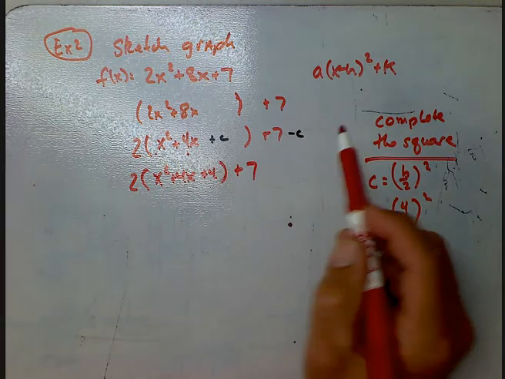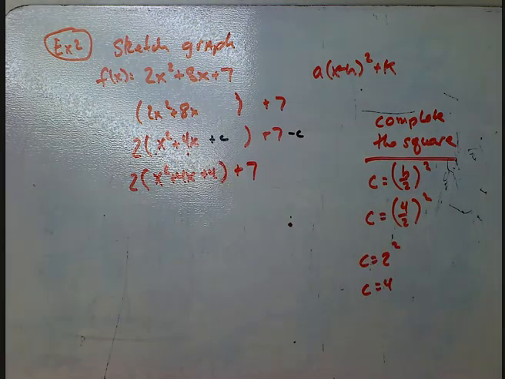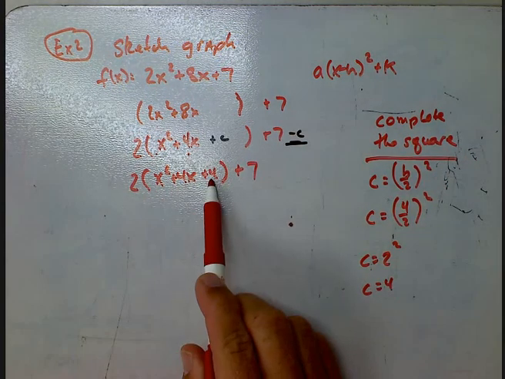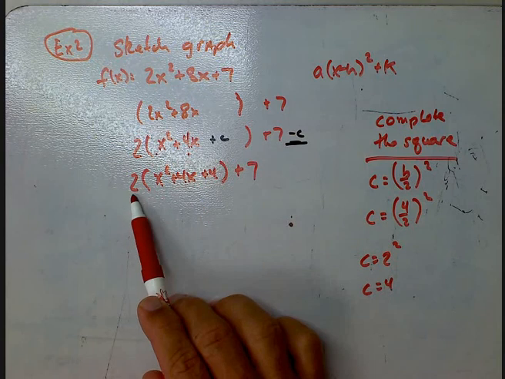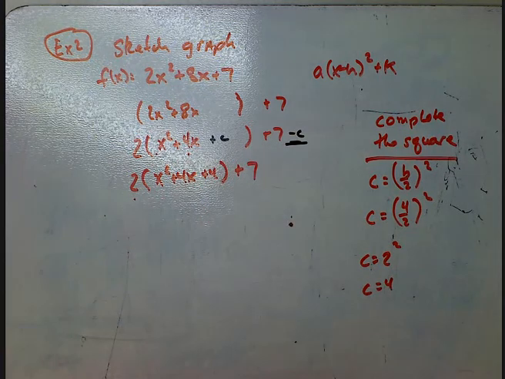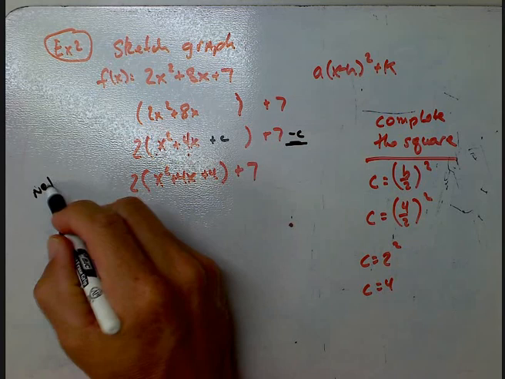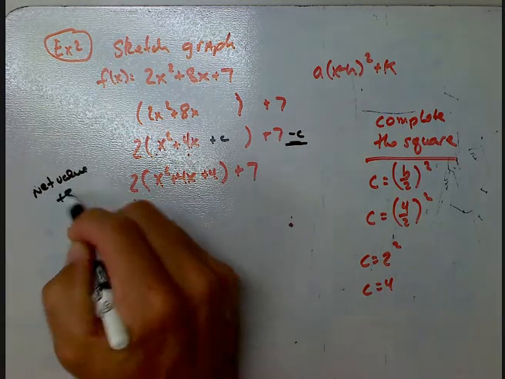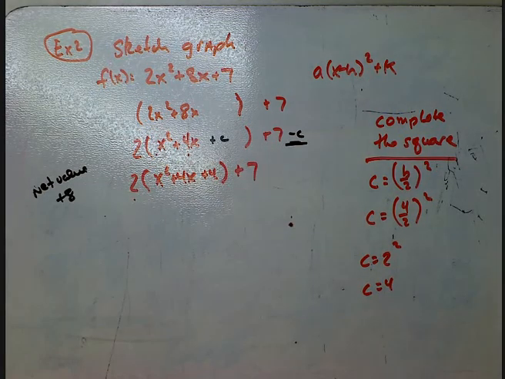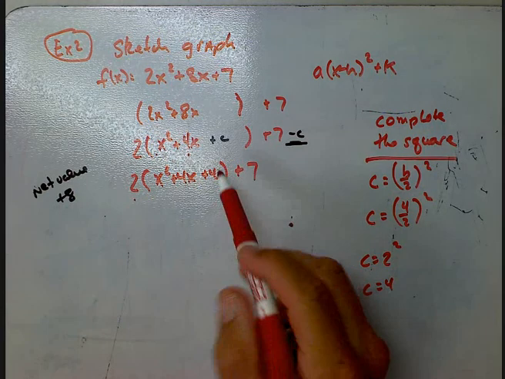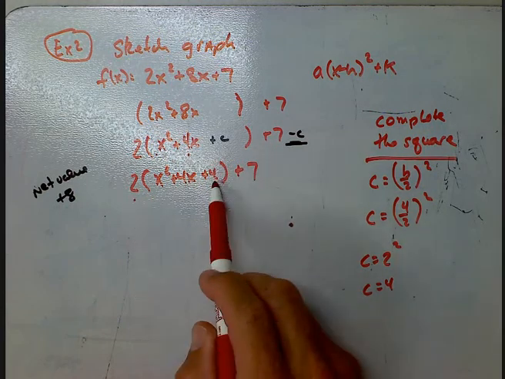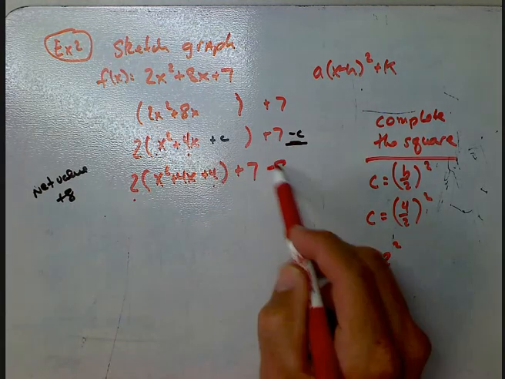This is where it's kind of tricky. Listen to the logic. Since I added 4, but I have a 2 on the outside of the parentheses, the net value is plus 8. Since c has a net value of plus 8, 2 times 4 is 8, I'm going to have to subtract 8 outside of the parentheses.